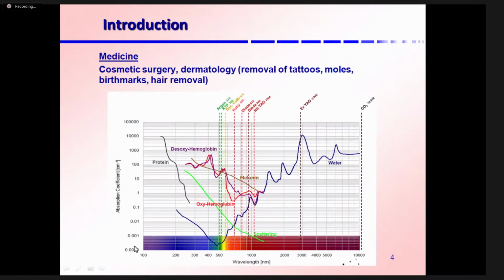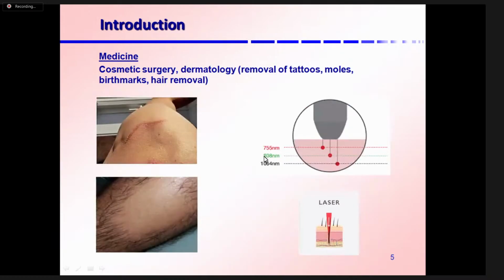Here is the logarithmic scale, by the way, and that's why it is necessary to have a system working in the green and yellow spectral region. So here there are some practical applications: hair removal, or removal of tattoos or birthmarks.